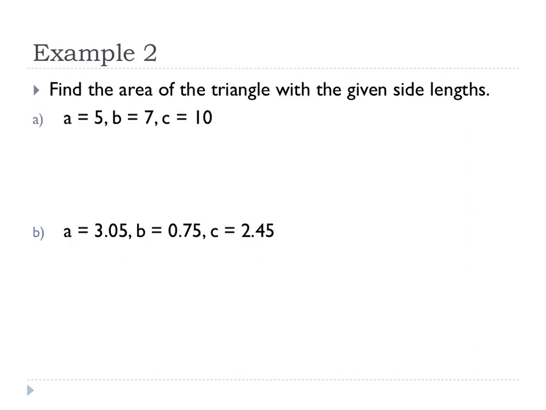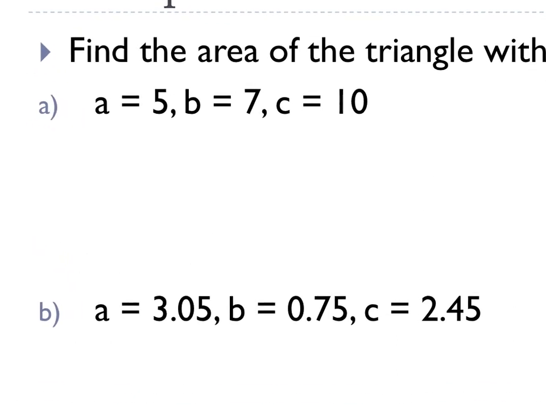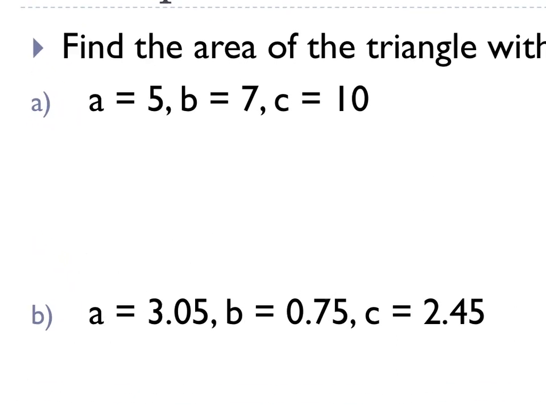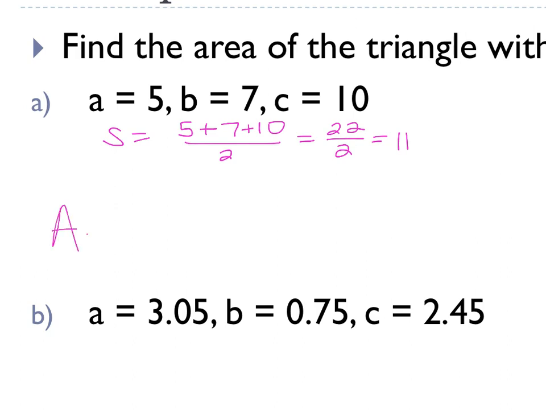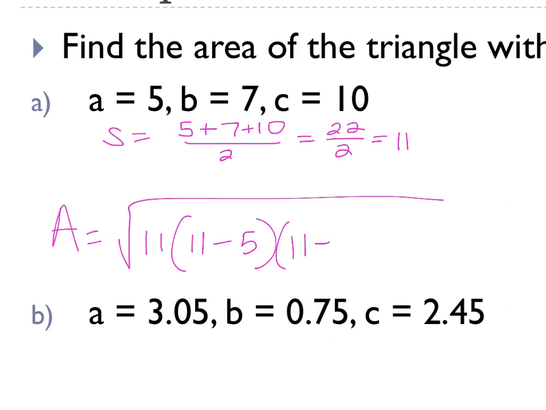All right, so find the area of the triangle with the given side lengths. A is 5, B is 7, and C is 10. First thing I'm going to find is S. So S is A plus B plus C divided by 2, which in this case would be 22 divided by 2, a nice whole number like 11. Then area equals the square root of S, which is 11, times 11 minus 5, 11 minus 7, and 11 minus 10.